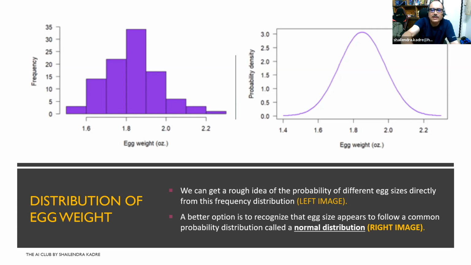Okay, so this curve, now you see on the right-hand side, how have they obtained this curve? Each bar is representing frequency. The first bar, a very small bar, is representing maybe 3 eggs. The second bar is maybe around 14.